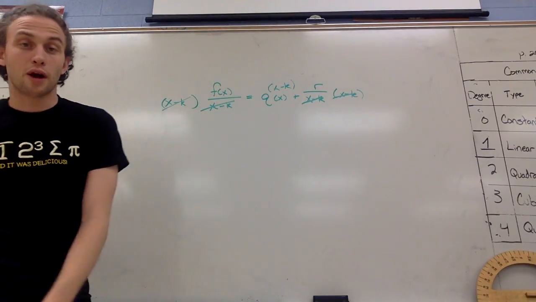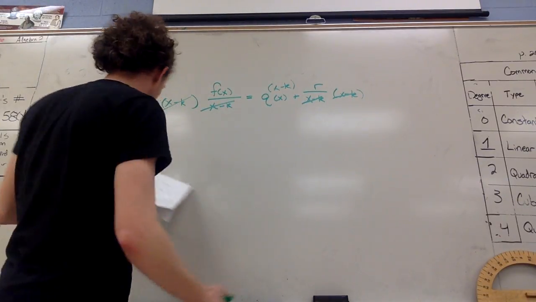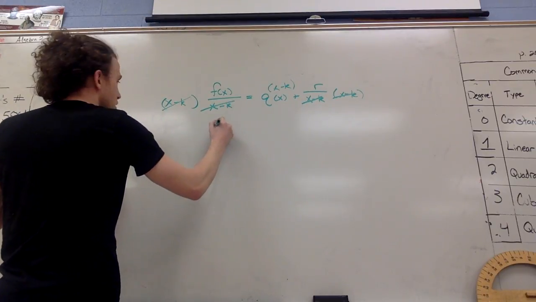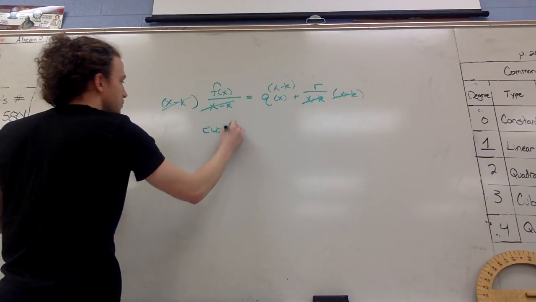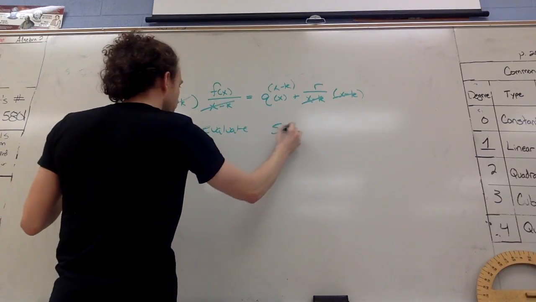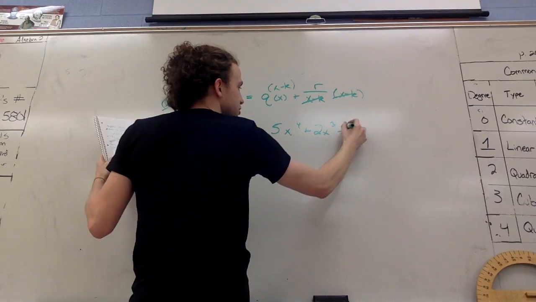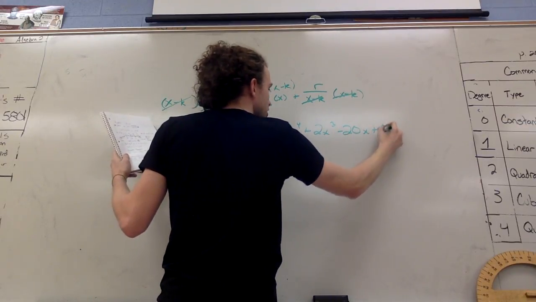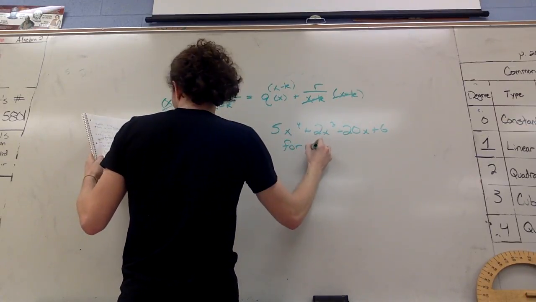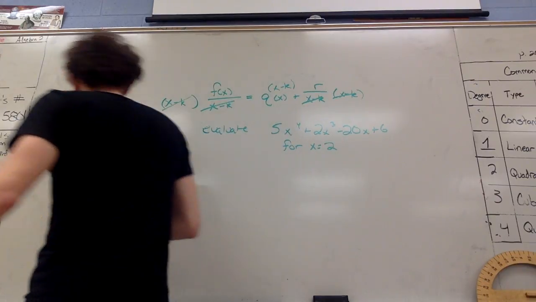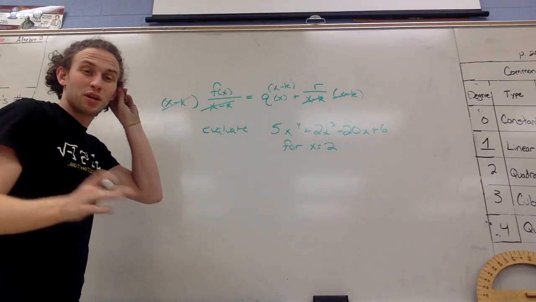Now, the problem I'm going to give you looks like this. Evaluate 5x to the 4th plus 2x cubed minus 20x plus 6 for x is equal to 2. Okay, now we can plug this in by hand.